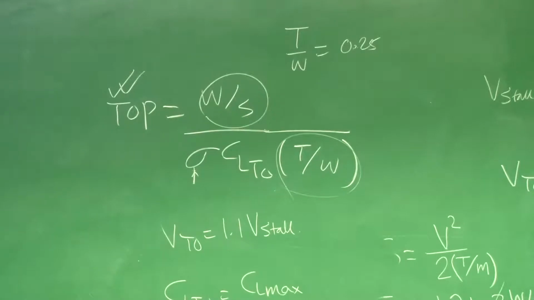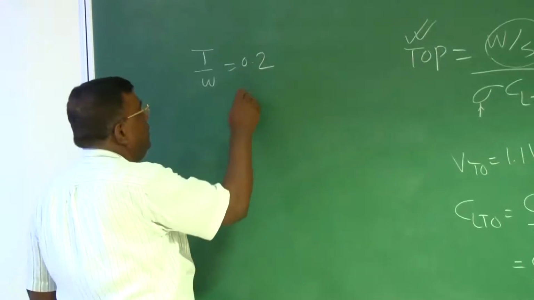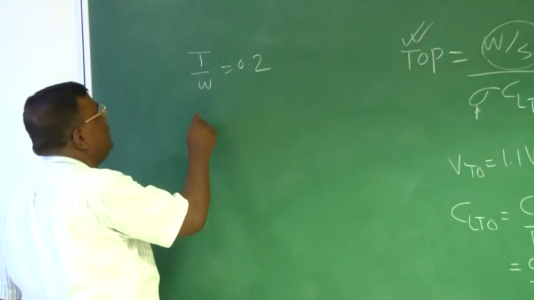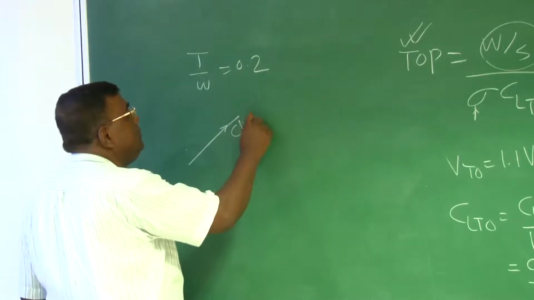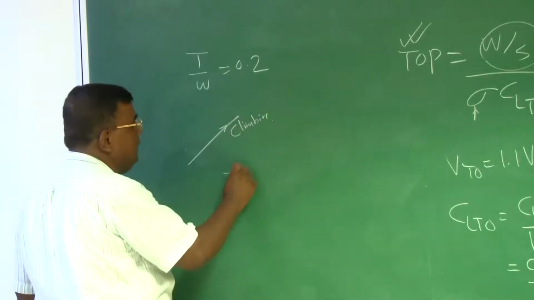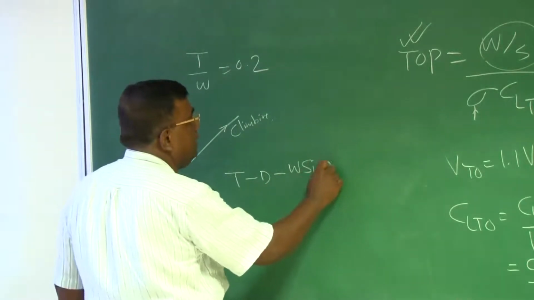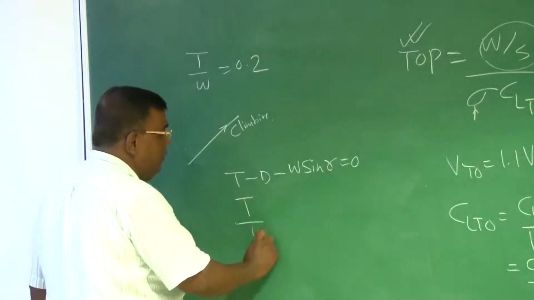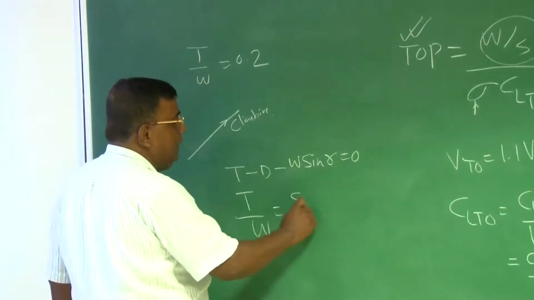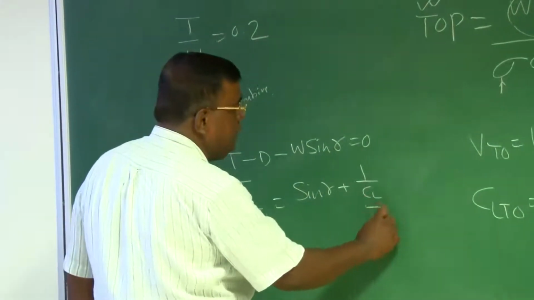Also, T by W 0.25 means what? If T by W is 0.25, then you know that when I am climbing, T minus D minus W sine gamma equals 0. If I am doing a steady climb, then T by W equals sine gamma plus 1 by CL by CD roughly.